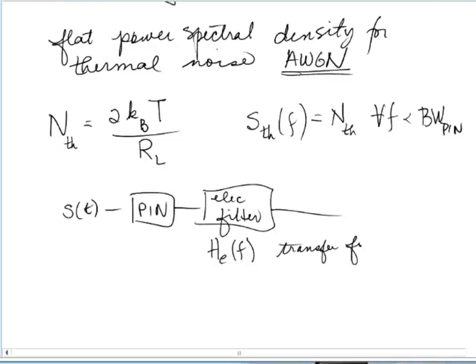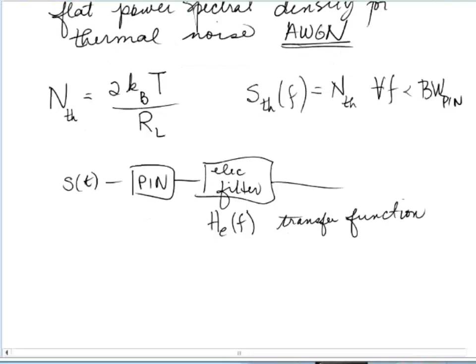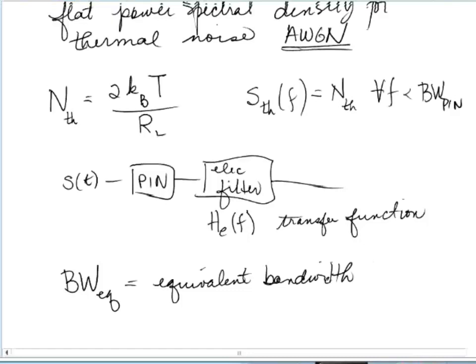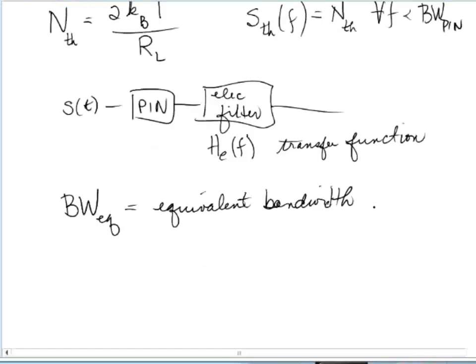We'll call H_E(f) the electrical transfer function. There's a formal definition, which I'll go into on Thursday. But for right now, there's an equivalent bandwidth, which is a measure of the width of the filter that is not dependent on the filter shape.